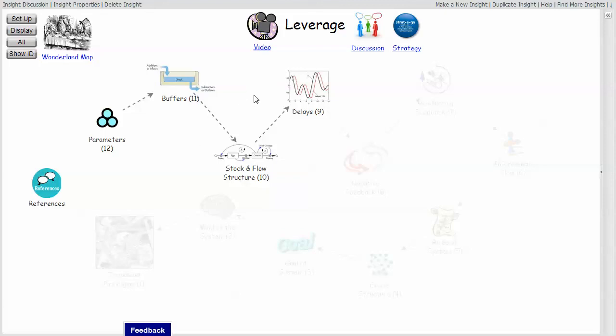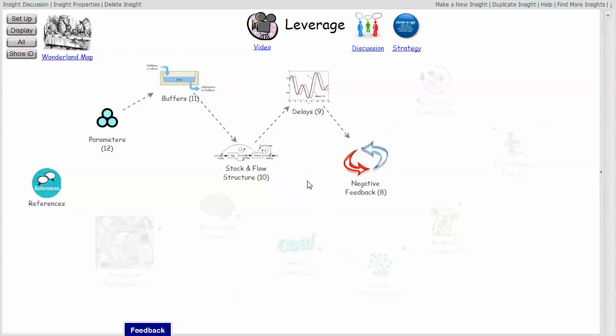So the delays may in fact have to be identified and shortened or lengthened if we don't need to react too quickly to things. There are situations where the best approach is to in fact slow down.